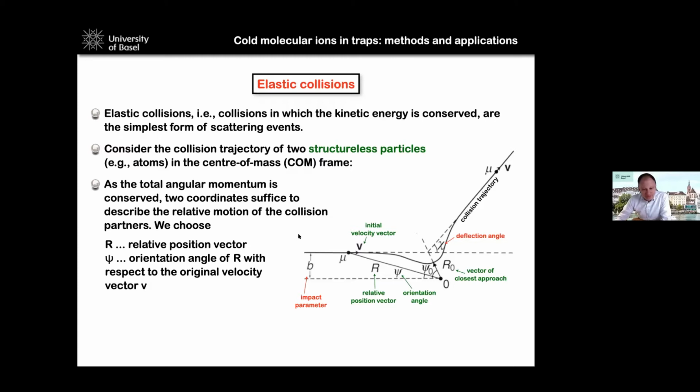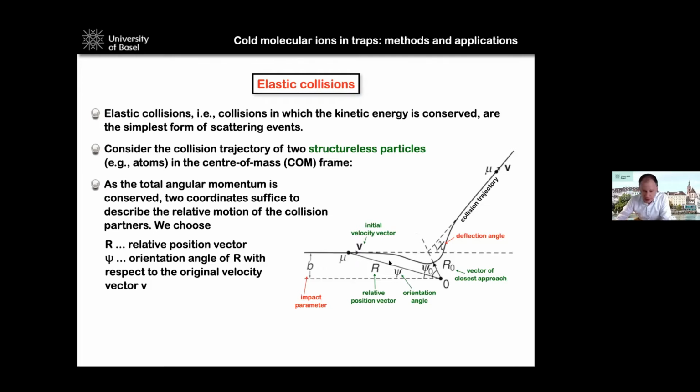What you see here is a cartoon of a classical collision trajectory in the center of mass frame. We have essentially two coordinates that suffice to describe this problem, because it has cylindrical symmetry. That is the distance, or the relative position vector, between our two particles.